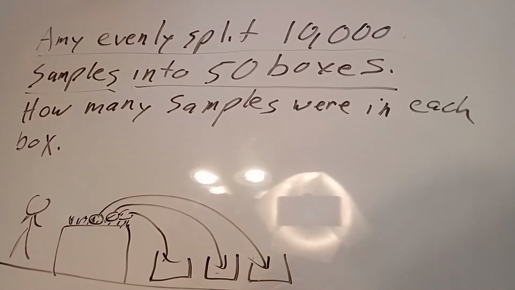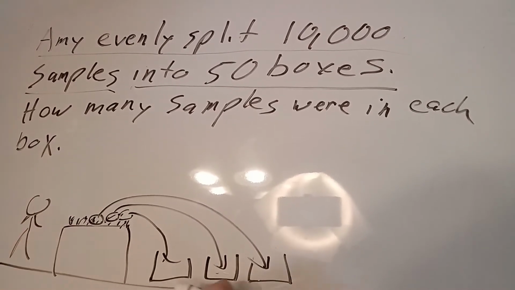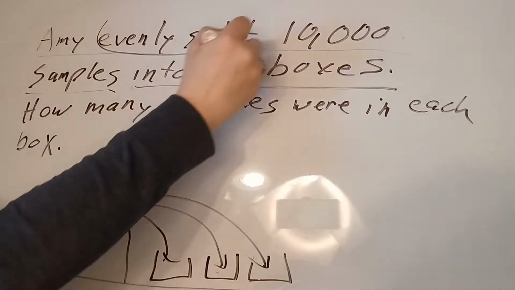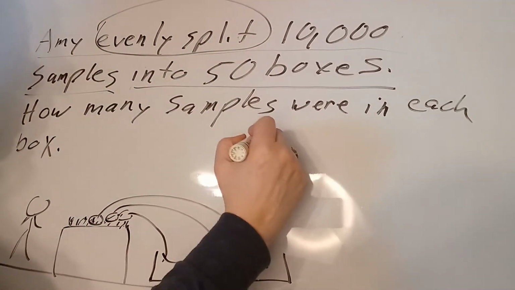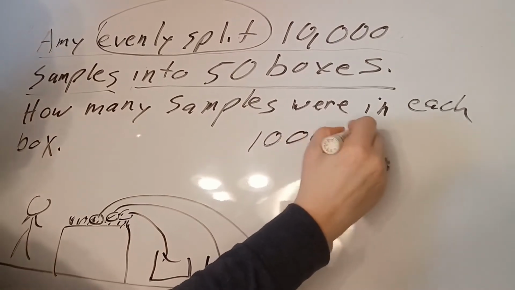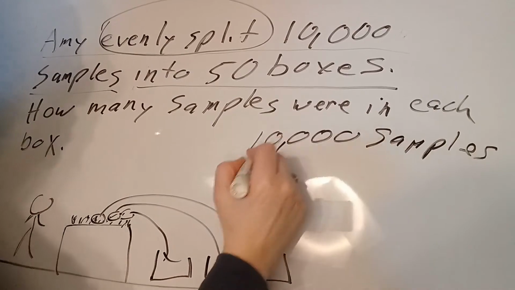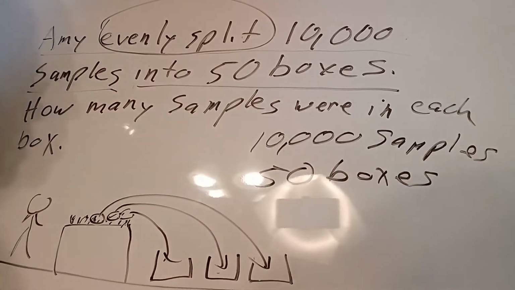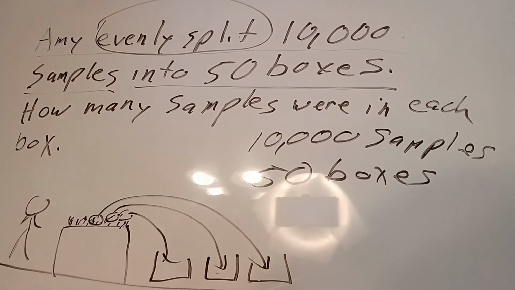All right, taking a large thing and splitting it into groups is division. Okay, evenly split is our key word. All right, we had 10,000 samples and 50 boxes. So if we're doing this, we know that's division.